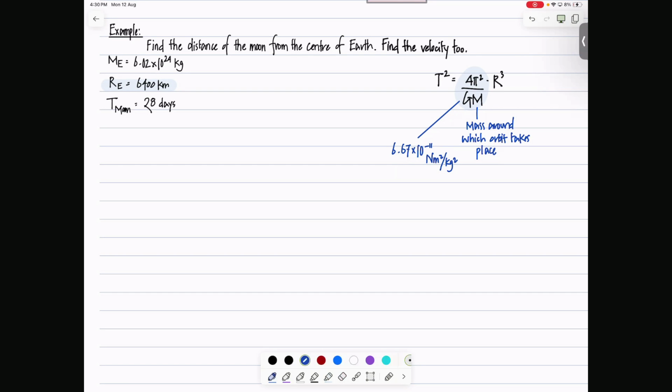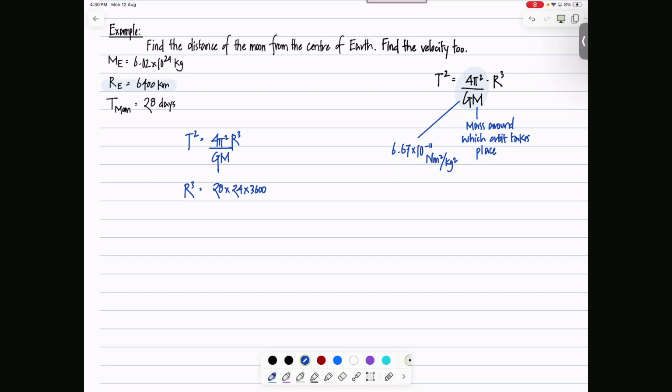Okay, so what should the math be here? It's pretty straightforward, just substitution here, okay? So T squared is equal to 4 pi squared r cubed divided by GM. And we want to know the distance, right? So we have to find r cubed. So T is 28 days, 28 into 24 into 3600.